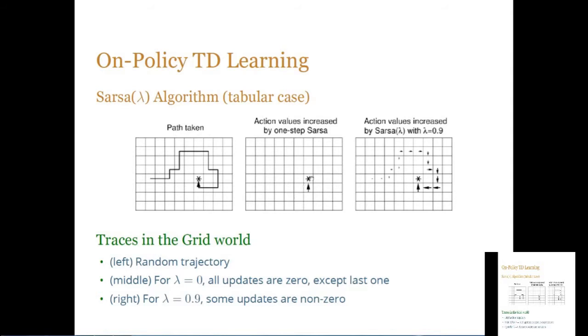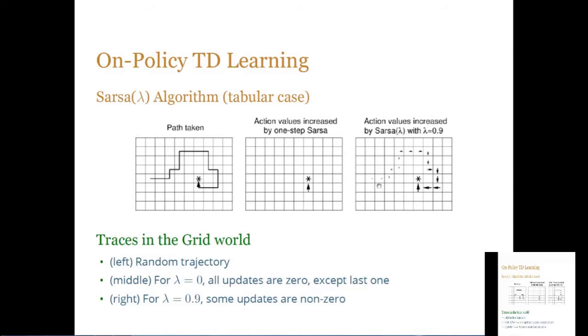However, if we use eligibility traces, notice that we are going to update all state-action pairs, and we're going to weight by how responsible each was in this trajectory that we just made. What you see here, the length of these arrows, is the weight of these eligibility traces. For the states that we take in the beginning, this will be small, and for the states taken at the end, it will be large.